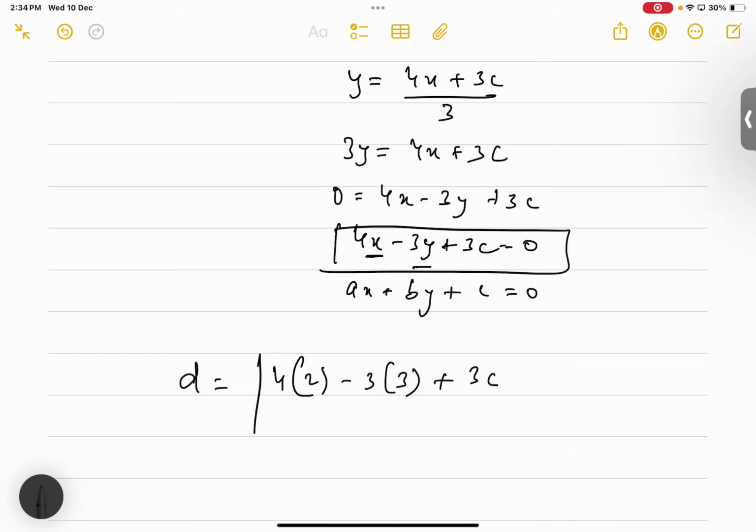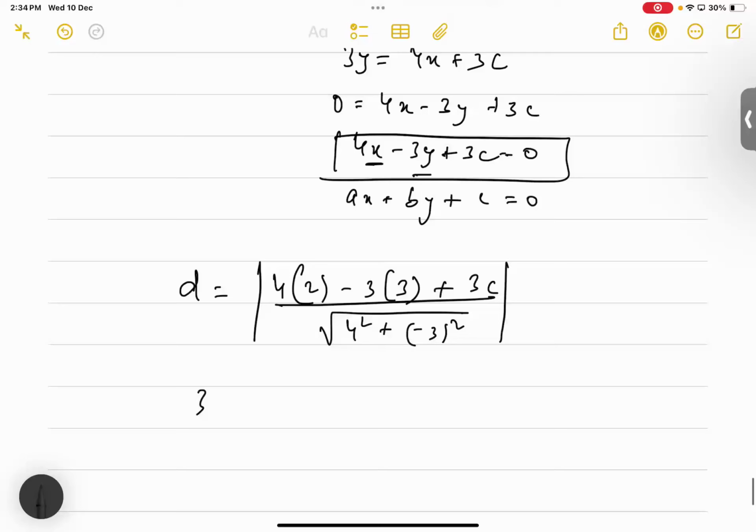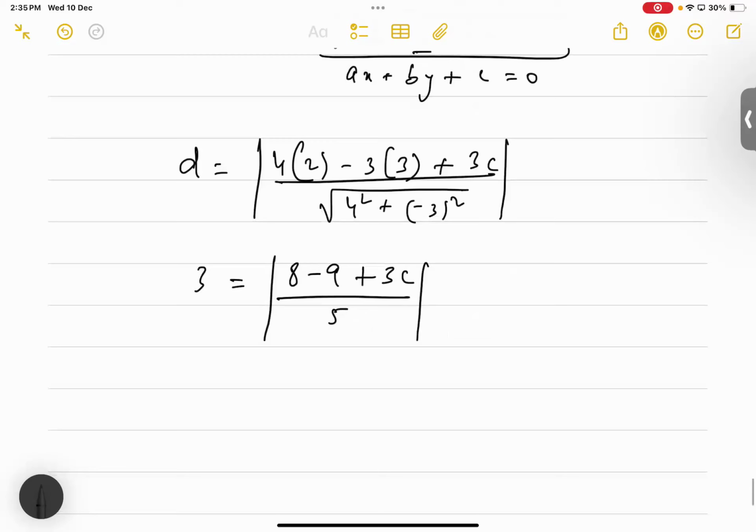Plus 3c, upon root of 4 square plus 3 square. Now this is 3, correct, guys? 8 minus 9 plus 3c upon 5. Plus minus 3 equals minus 1 plus 3c upon 5.